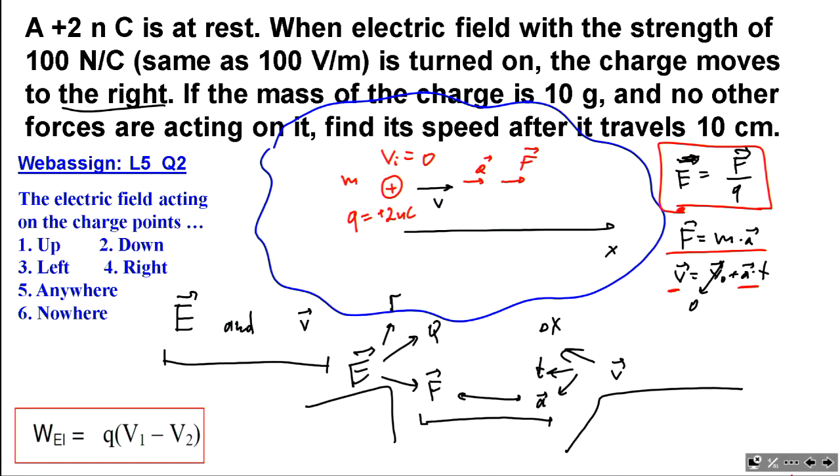Q is a charge, can be negative, can be positive. So we don't really know until we read. And if it is positive, in that case, yes, electric field points in the direction of a force. However, if the charge would have been negative, electric field would have been directed opposite. And, well, we have answered this question.